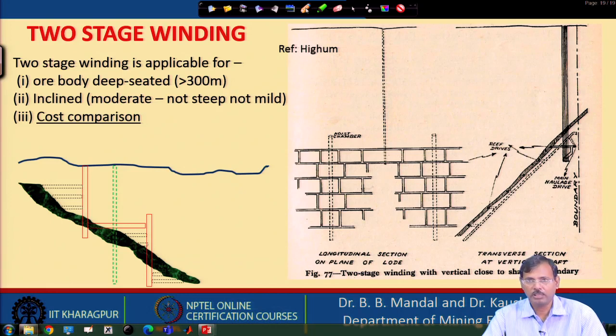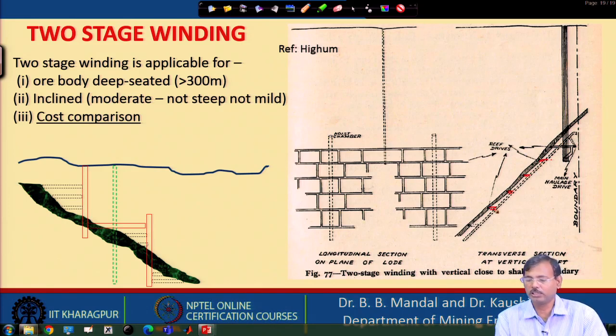Generally, if we are having an incline deposit, we go for incline opening. The reason is that we will follow the ore body. You can see in this case we can follow the ore body, and then our cross cut distances will be minimum.